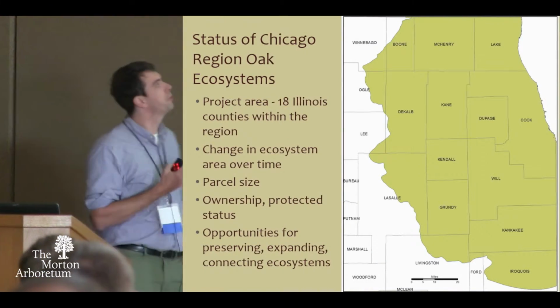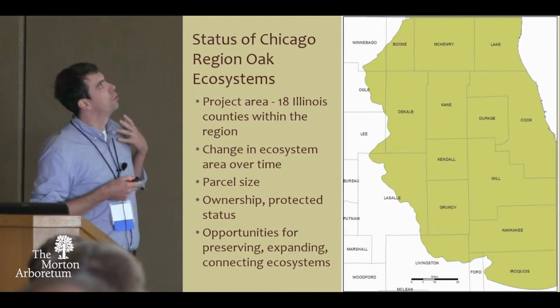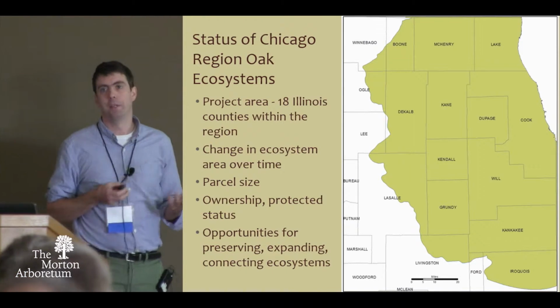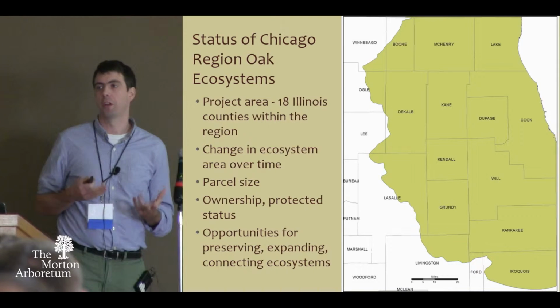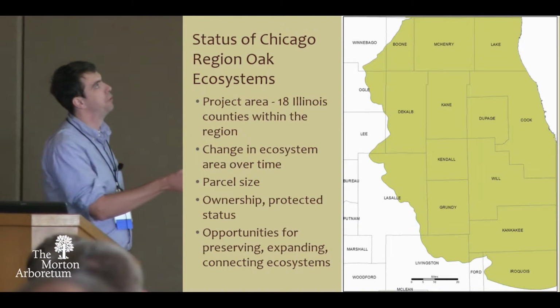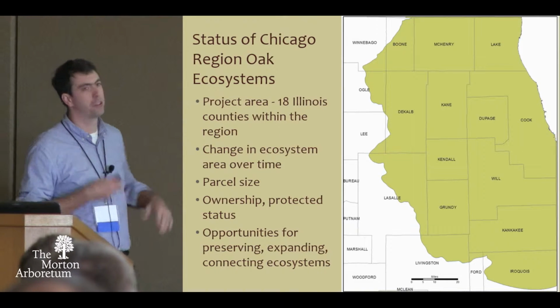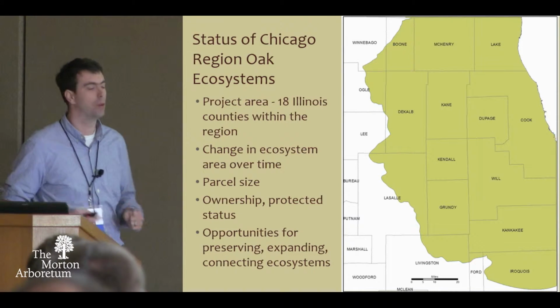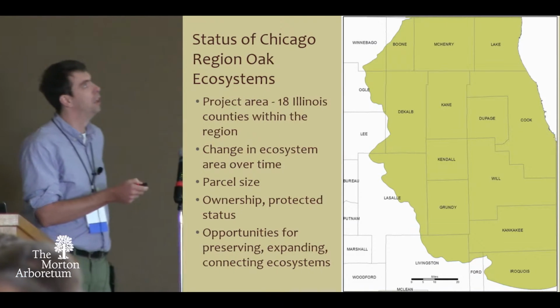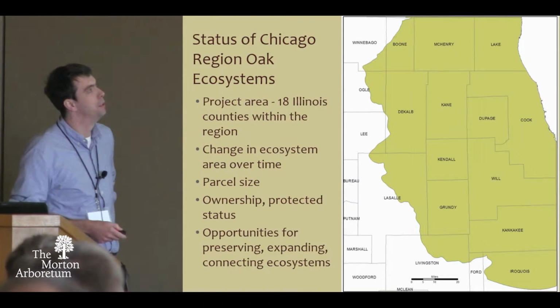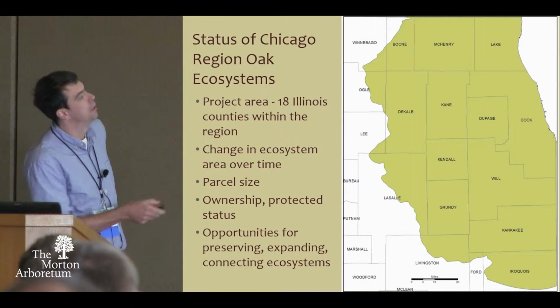So the first thing that we did was try to map where remnant oak ecosystems are within the Chicago region. This is the Chicago region, which some people call the Chicago Wilderness. That's a big regional organization within northeastern Illinois. We're right about here.